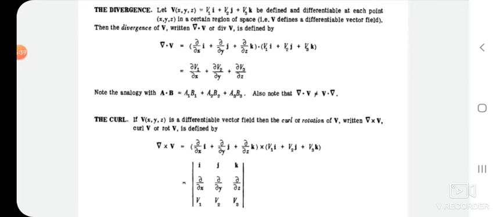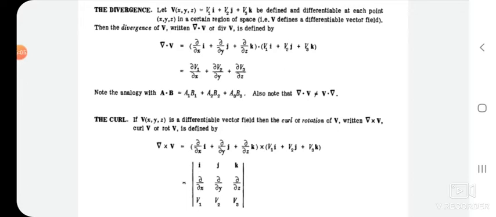Therefore, v of x, y, z is equal to i v1 plus j v2 plus k v3, be defined and differentiable at each point of x, y, z in a certain region of space.